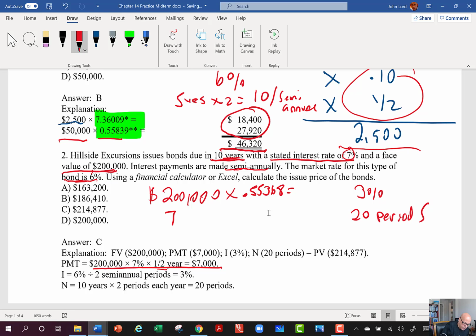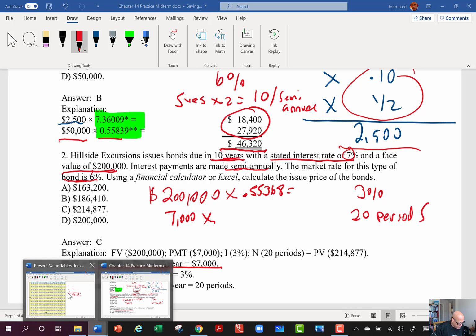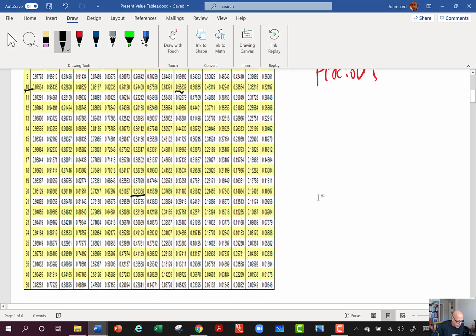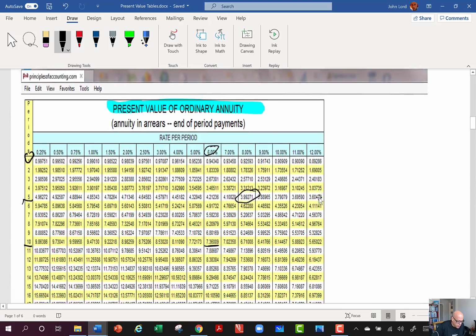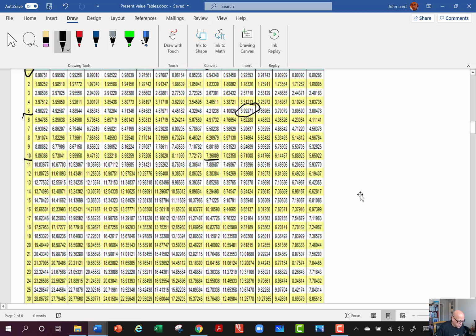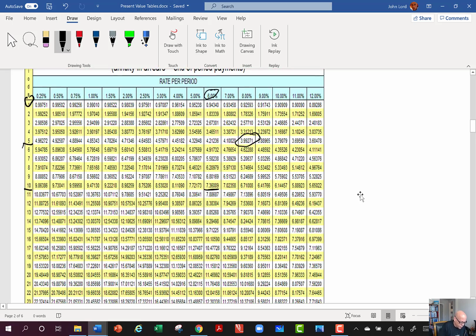That gives me the 7,000. Now I take the 7,000 and find the factor for that. So I go back over to my tables. This time I need the annuity table, and again it was 3% for 20 periods.